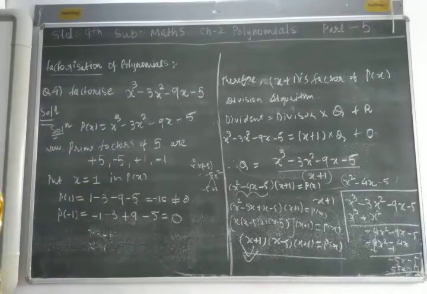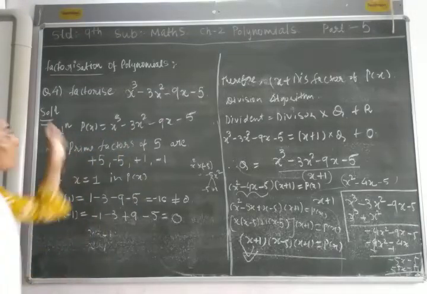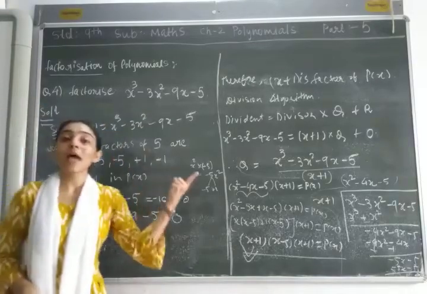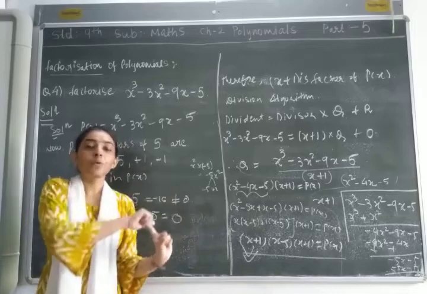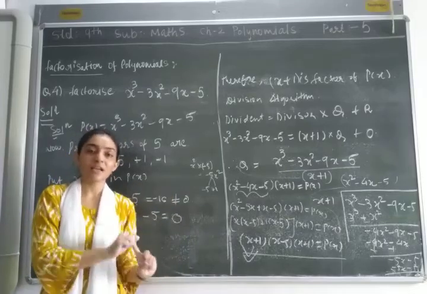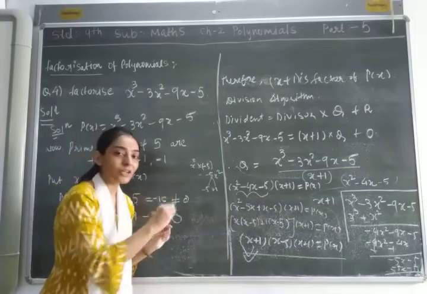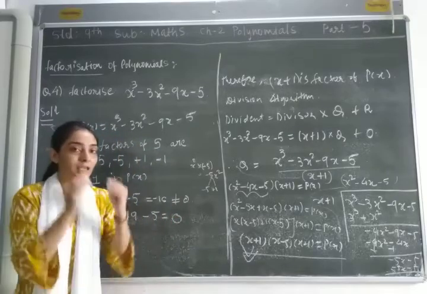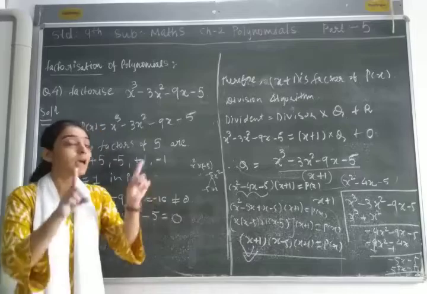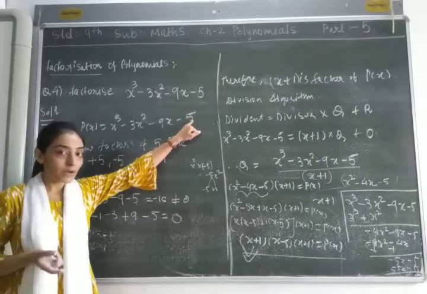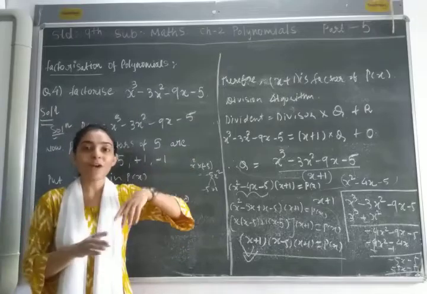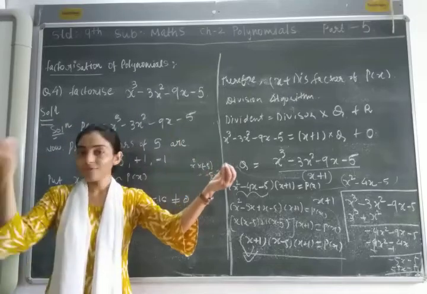So what is the process to find the factors of a cubic polynomial? First, we use the trial and error method: we put different numbers and check whether that number is a factor of the polynomial or not. It is quite lengthy, so instead of taking all numbers, we take the constant number and factorize it. The factors of 5 are 1 and 5 only.